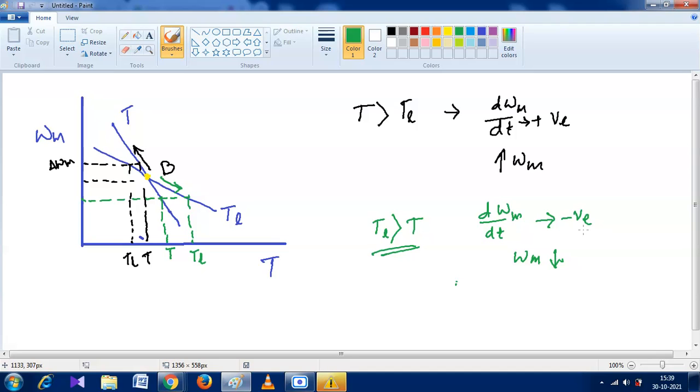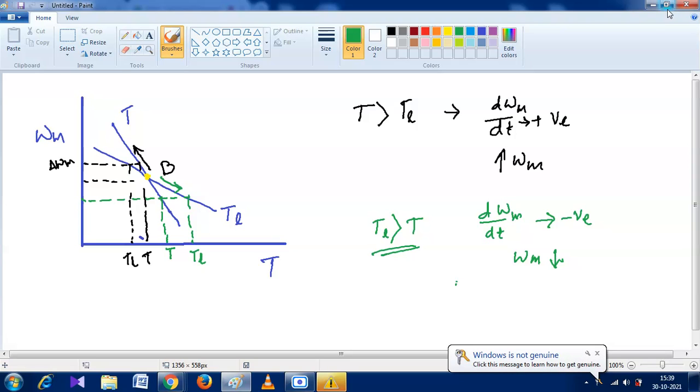And how do we define whether an equilibrium point is stable or not? What are we actually checking? We give a small perturbation, that means a disturbance. If we give the system a small disturbance, so that either the speed increases or decreases, at that time we check which torque is more. From that condition of the torque, we get the sign of d omega m/dt.